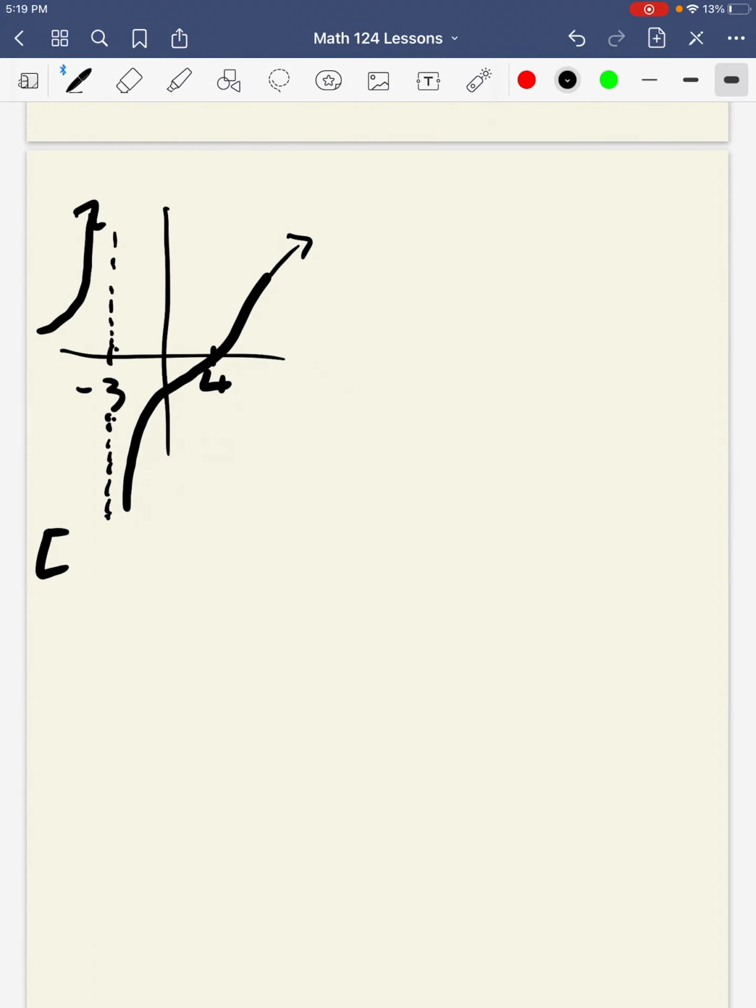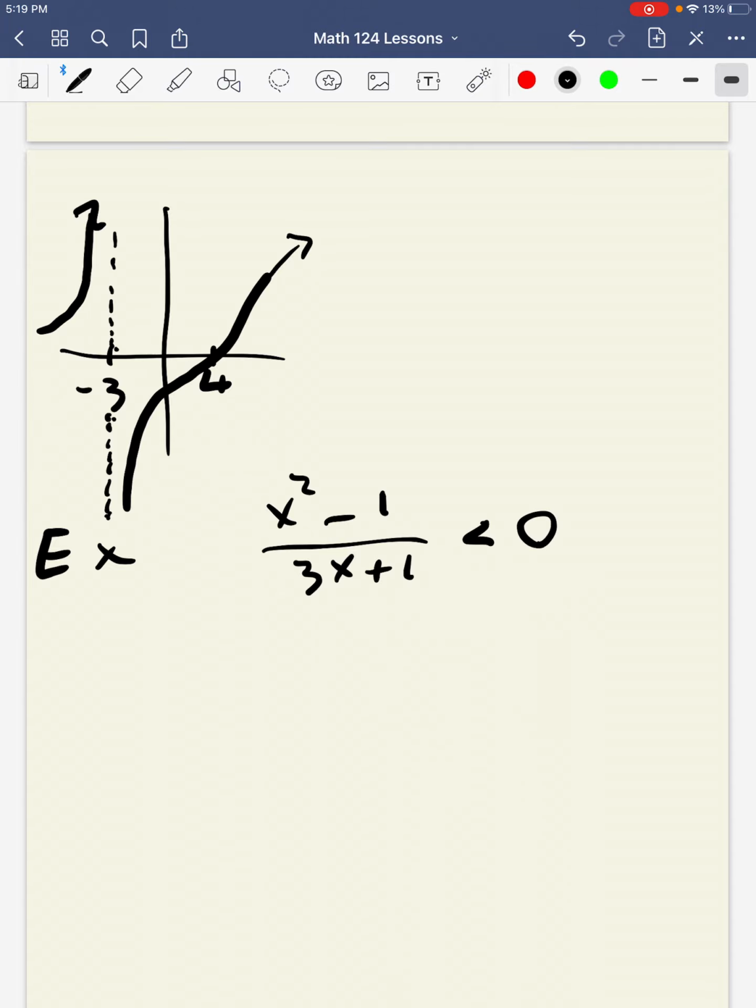Now let's look at another example. Okay, x squared minus 1 over 3x plus 1 less than 0. Okay, so here we find when the top is 0. The top will be 0 at plus or minus 1.